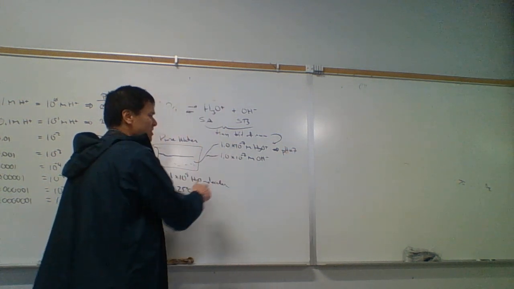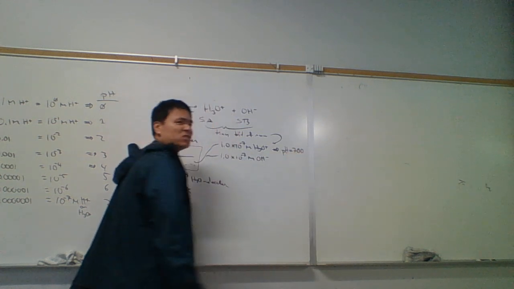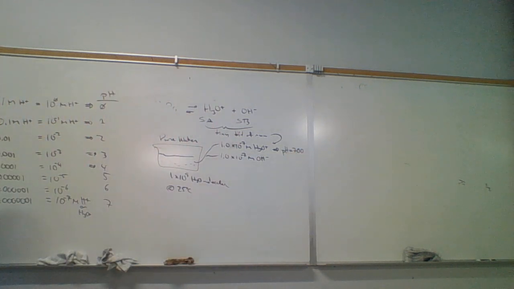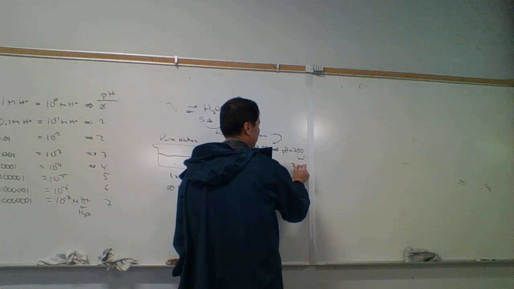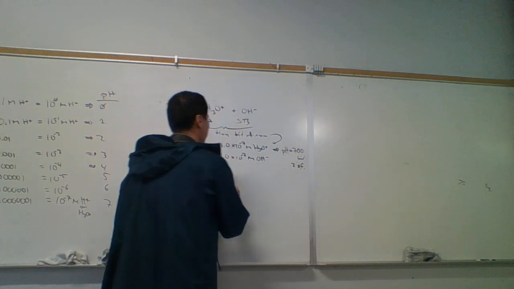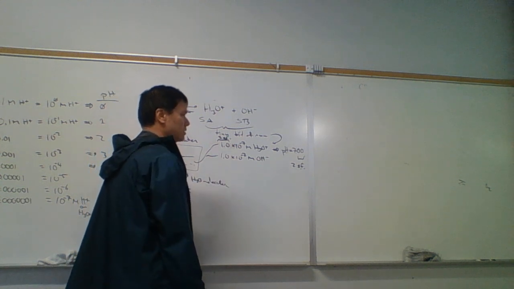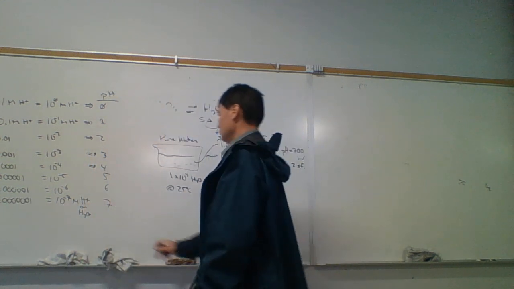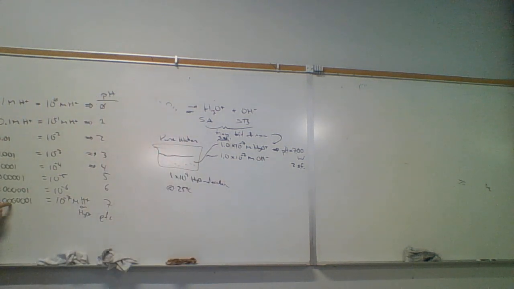Now, we have this coefficient here, 1.00, and so it's actually going to be 7.00, the correct number of sig figs. In power functions, the sig figs are after the decimal, and so we count this as 2 sig figs. In the coefficient over here, we count these as 2 sig figs, so we end up with 2 sig figs there, etc. And so, really, what we have is 0.0000001 molar.